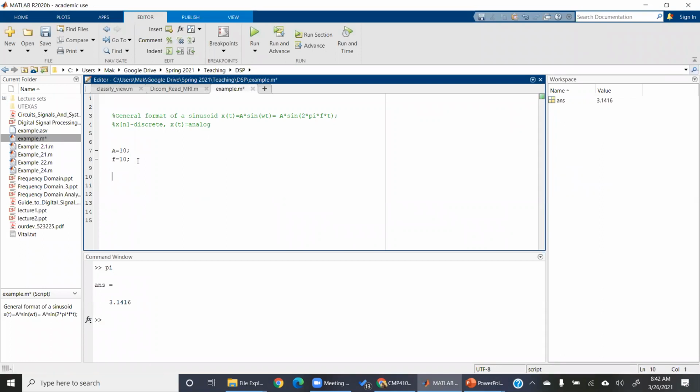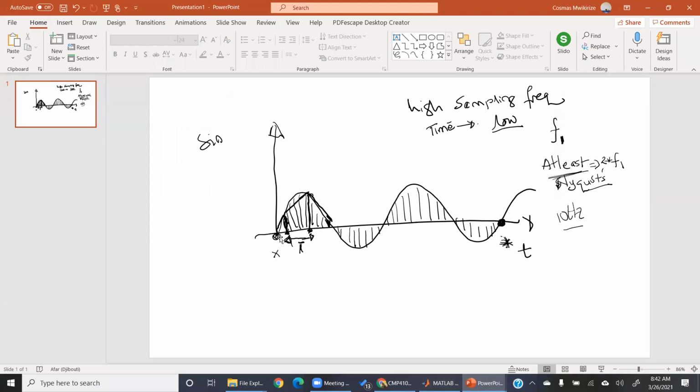So I'm going to define my sampling frequency as 100. Now, I've just chosen this as an arbitrary value, and we're going to change it and see what effect it has on my signal. So the next thing I'm going to define now is this time vector.